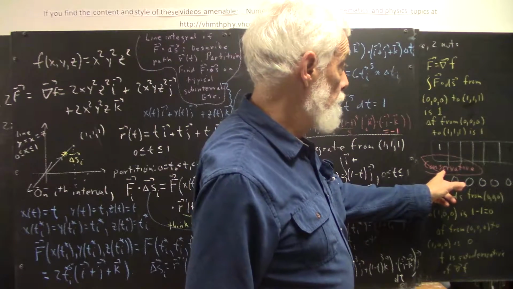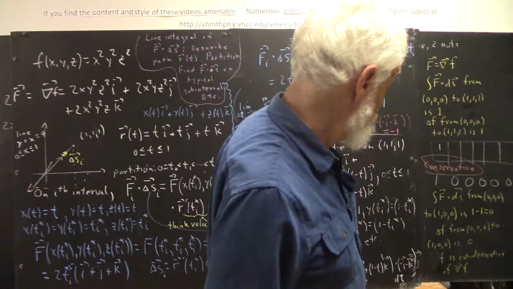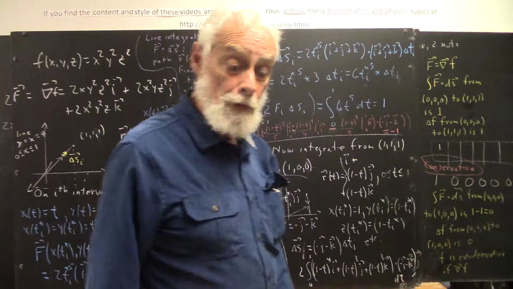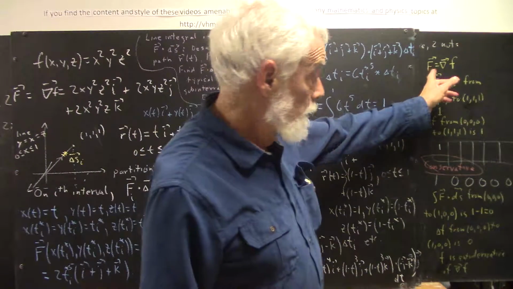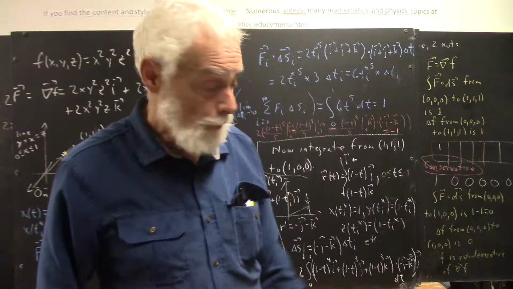A conservative function is a function that has this property. It's the gradient of some scalar function. And sometimes that scalar function is called a potential function. And then your vector field function is the gradient of your potential function.